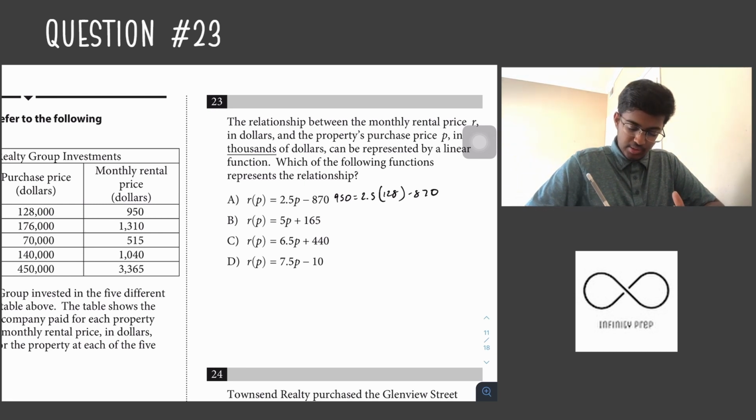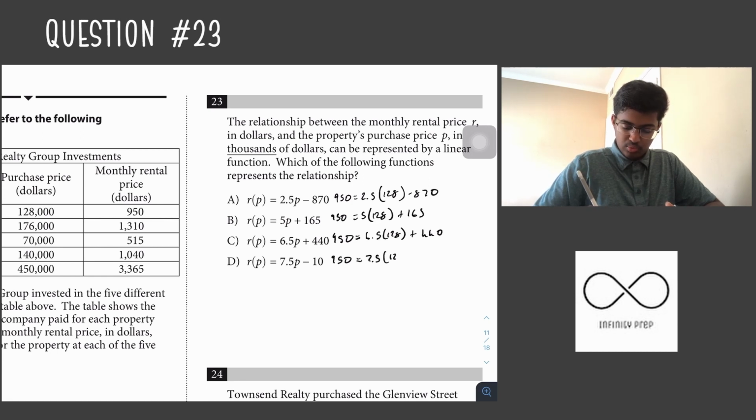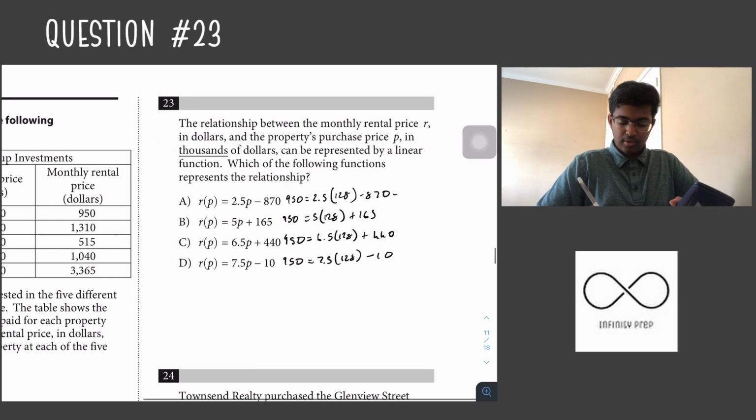So for the second equation, it would be 950 equals 5 times 128 plus 165. As choice C, it would be 950 equals 6.5 times 128 plus 440. And 950 equals 7.5 times 128 minus 10. Okay, now we can plug them into the calculator and see which one matches up.